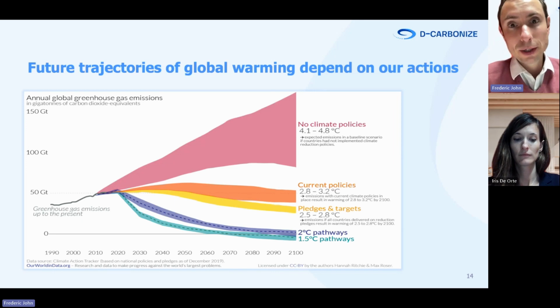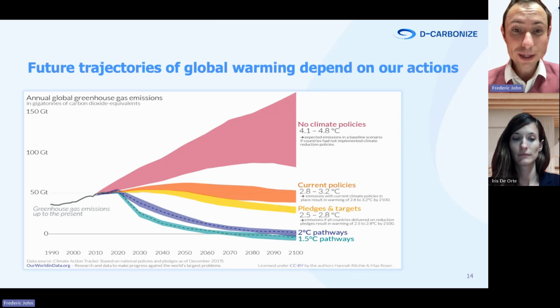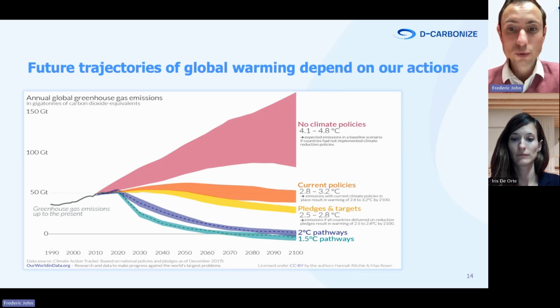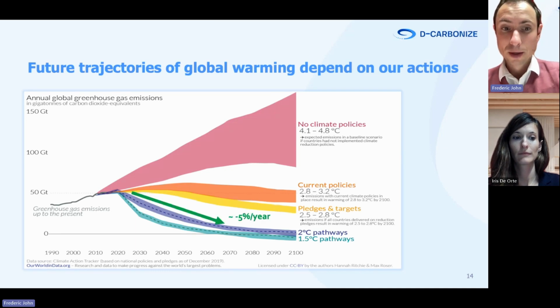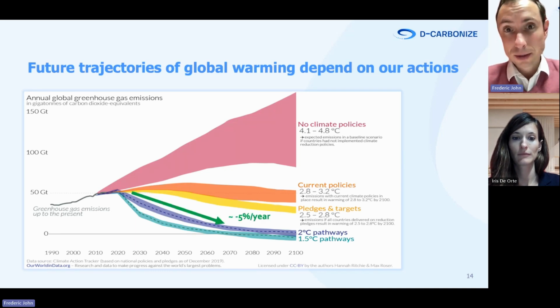You remember that during COVID-19, I said that greenhouse gas emissions decreased by 5.5%. Well, if you look at the curve of the 2 degrees pathways or the 1.5 degrees pathways, to meet those pathways, we would need a decrease of roughly 5% of greenhouse gas emissions every year for the next 40 years, 4 decades.